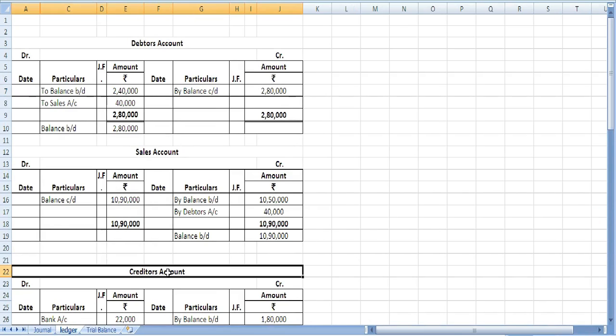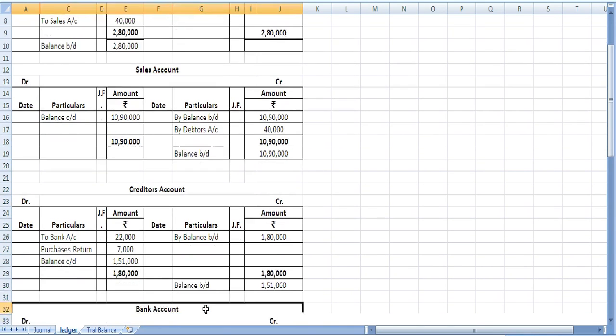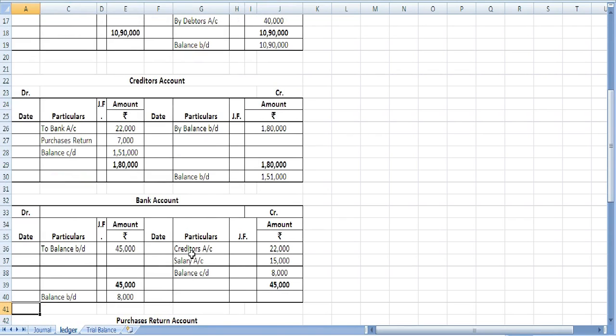Now we'll go to the creditors account, and then we have here 'to bank account.' Now we'll go to the bank account, and this will become 'by creditors' 22,000.